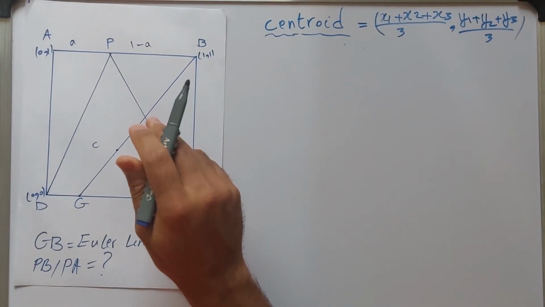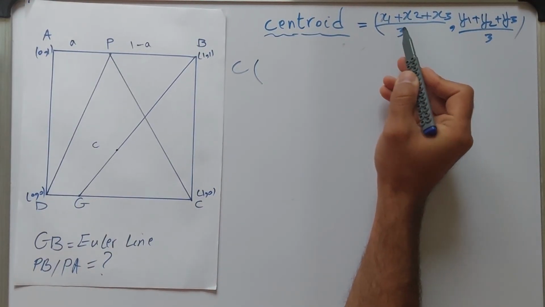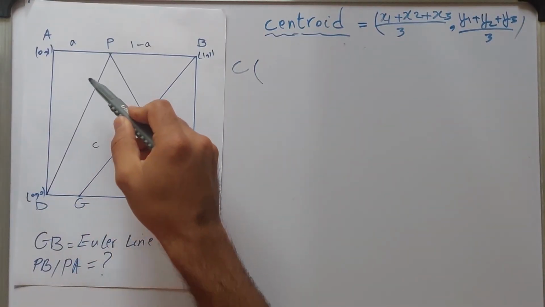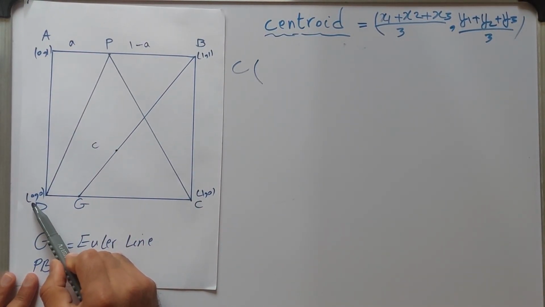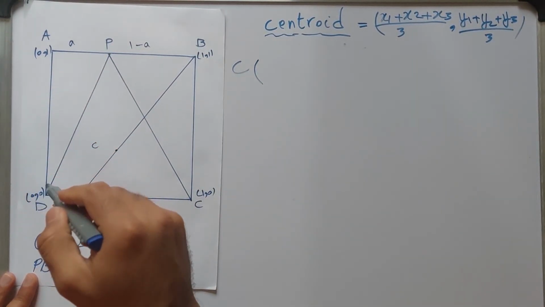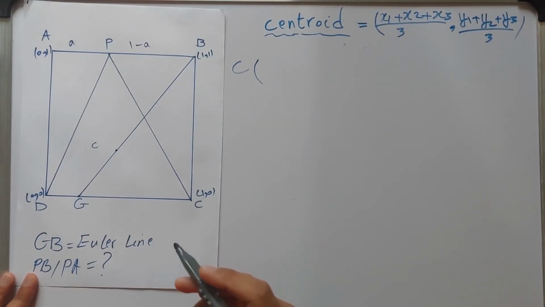So the centroid, or point C here, as I named it, is the average of the sum of the x coordinates of the vertices of the triangle. So the x here from this vertex is 0, right? Because we can just imagine that this coincides with the point of origin for the sake of simplicity.